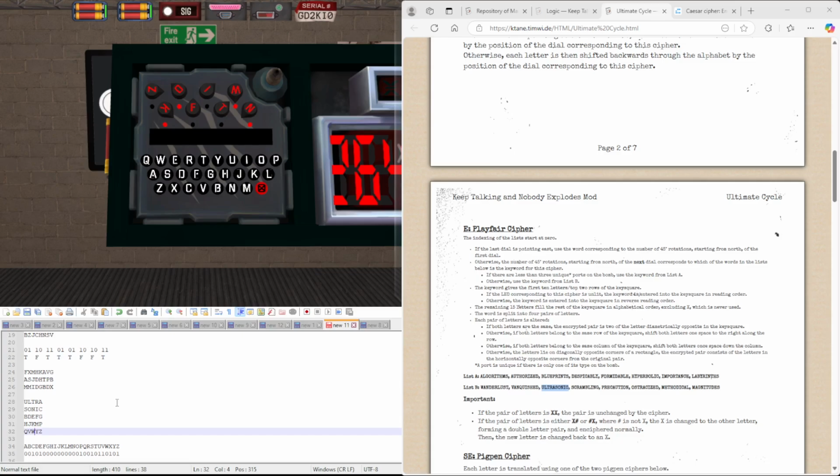What it's saying is that each letter is two of the letter directly opposite in the Playfair square.